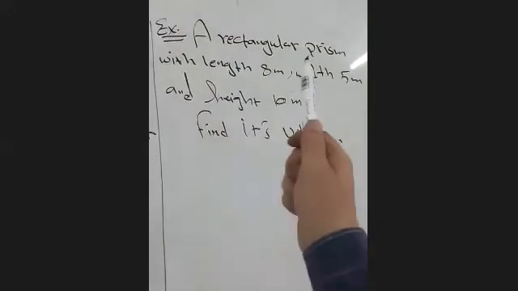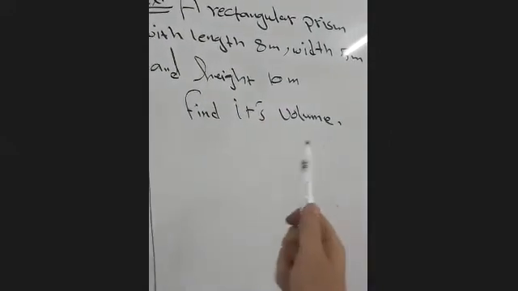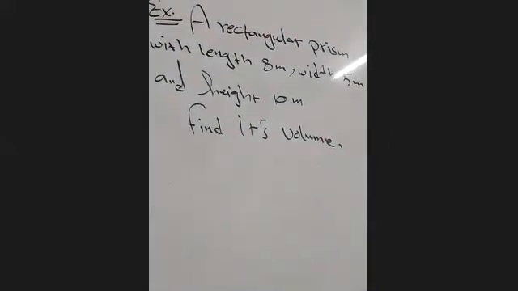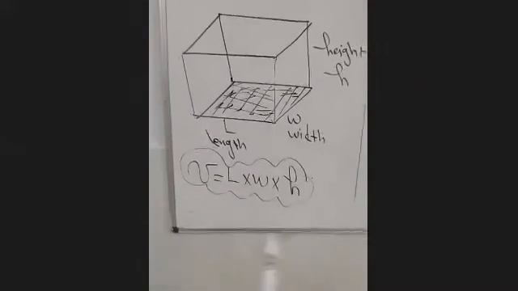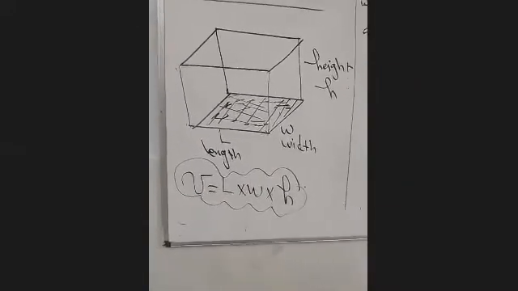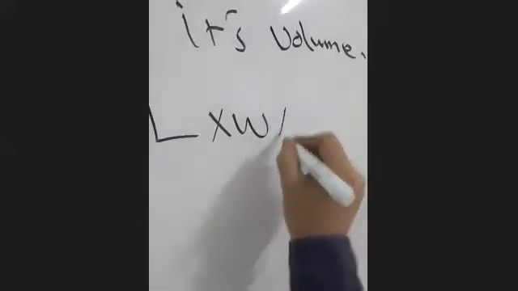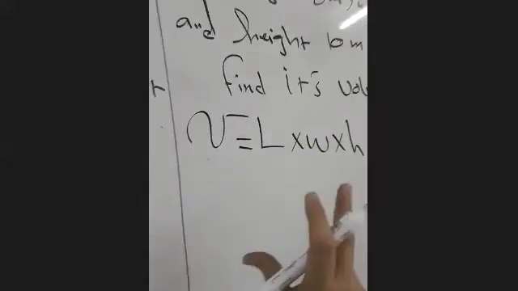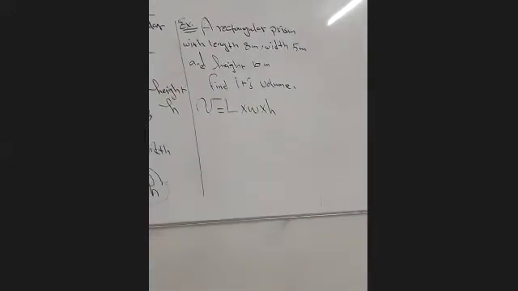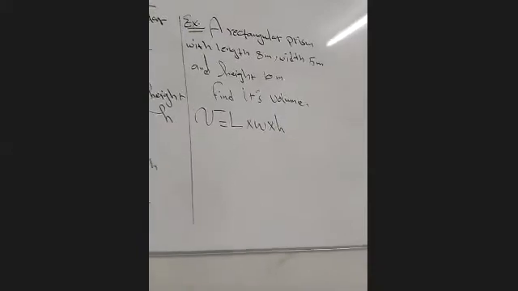Now here I'm talking about the rectangular prism and I want to find its volume, right? What is the volume of the rectangular prism? Length by width by height. So V equals length multiply width multiply height. This is the formula. The first step always in our work, we write the formula.